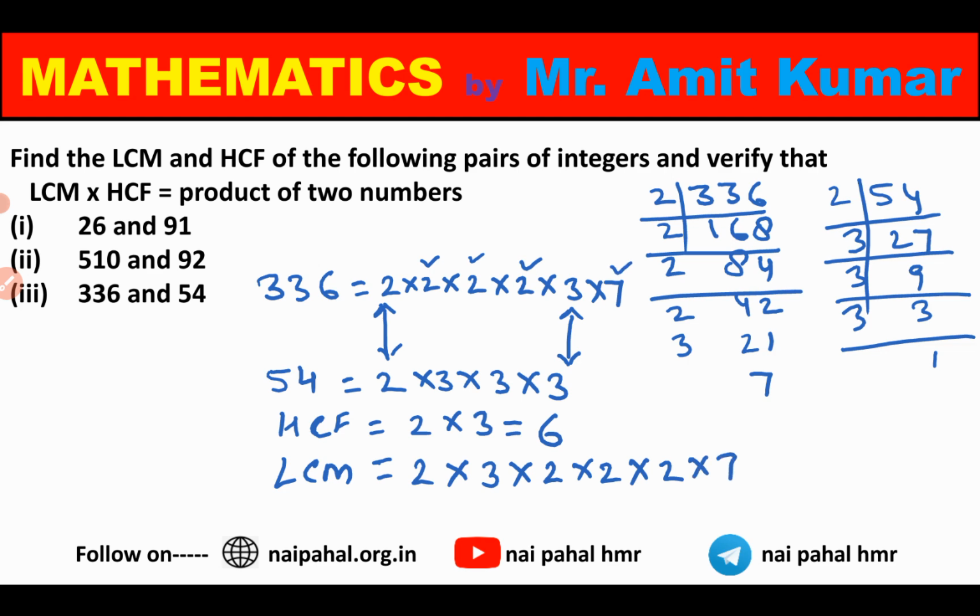This is also completed. 2 3s are 6, 6 2s are 12, 12 2s are 24, 24 2s are 48 and 9, 9 7s are 63 multiplied by 48. If we multiply 48 and 63, what would we get? We get 3024.